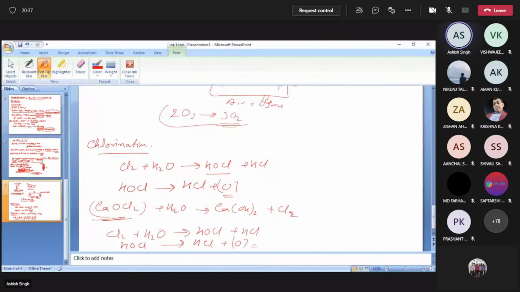Using bleaching powder, there are different types. When we are using chlorination, what factors do we consider? Turbidity: we should not use turbid water. We allow some time for sterilization, and also consider the temperature of the reaction, the quantity of oxidizable material, and the bacteria and microorganisms present in the water.